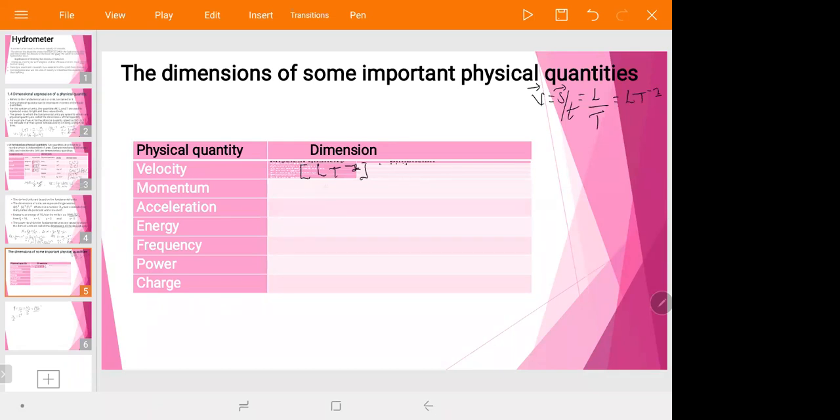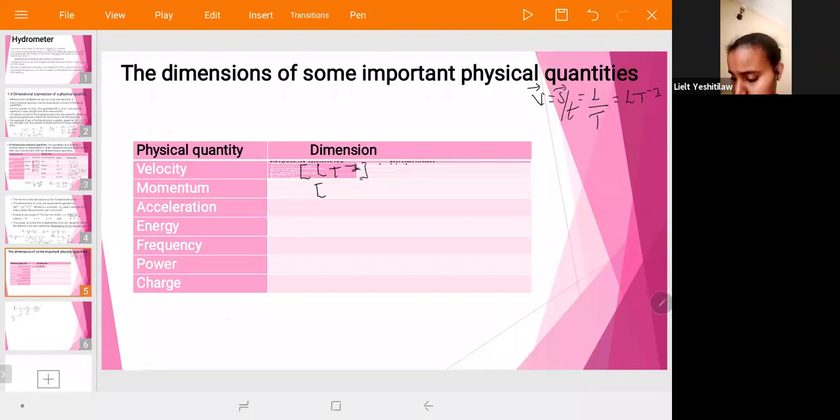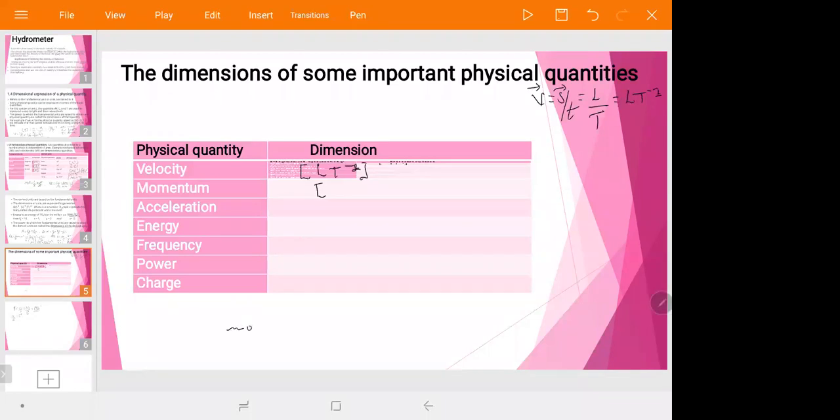What about momentum? Do you know the definition of momentum? Momentum is equal to mass times velocity.